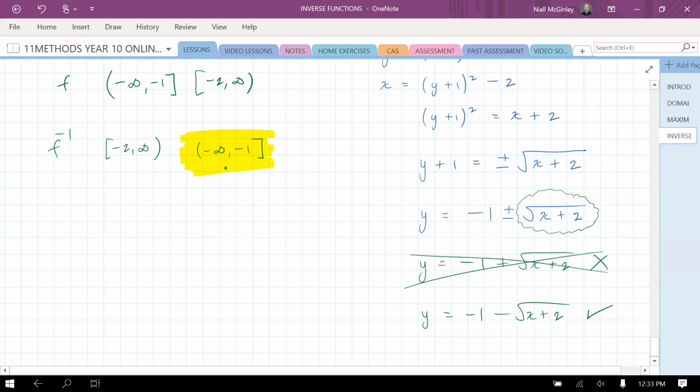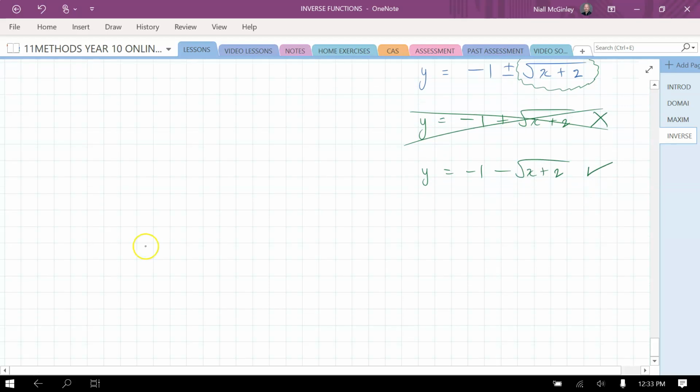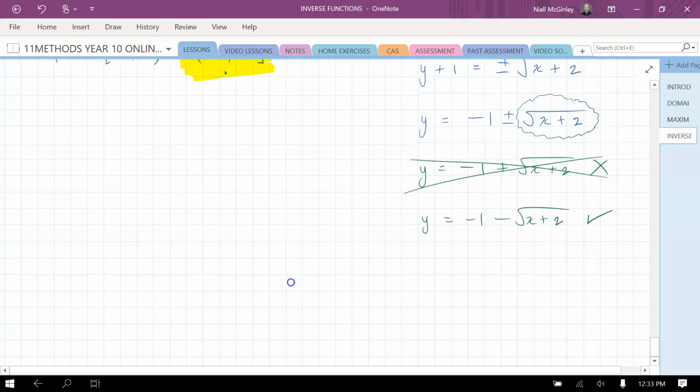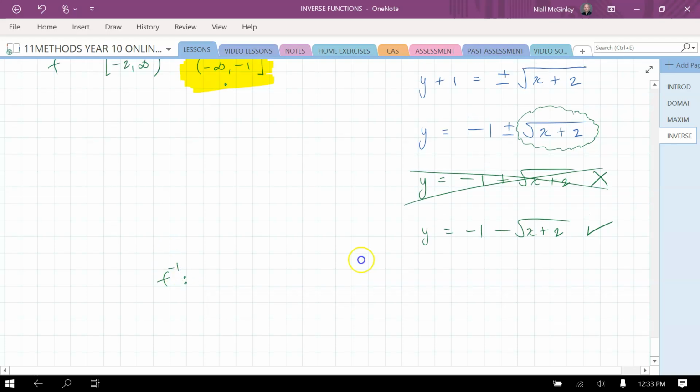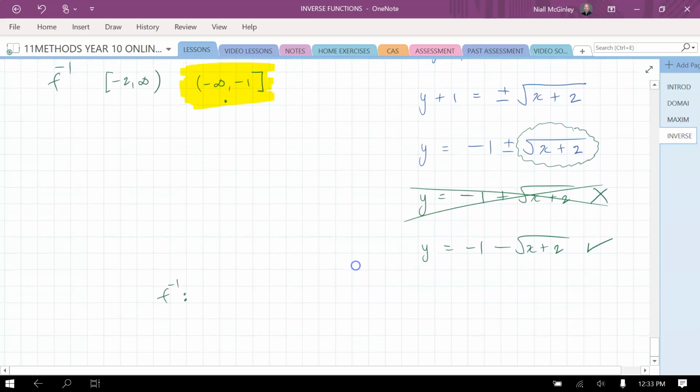Then our inverse function, if we write this down nicely, is f of minus 1. We write down the domain: negative 2 to infinity, which maps into our range. And then our inverse function is going to be minus 1 minus the square root of x plus 2.